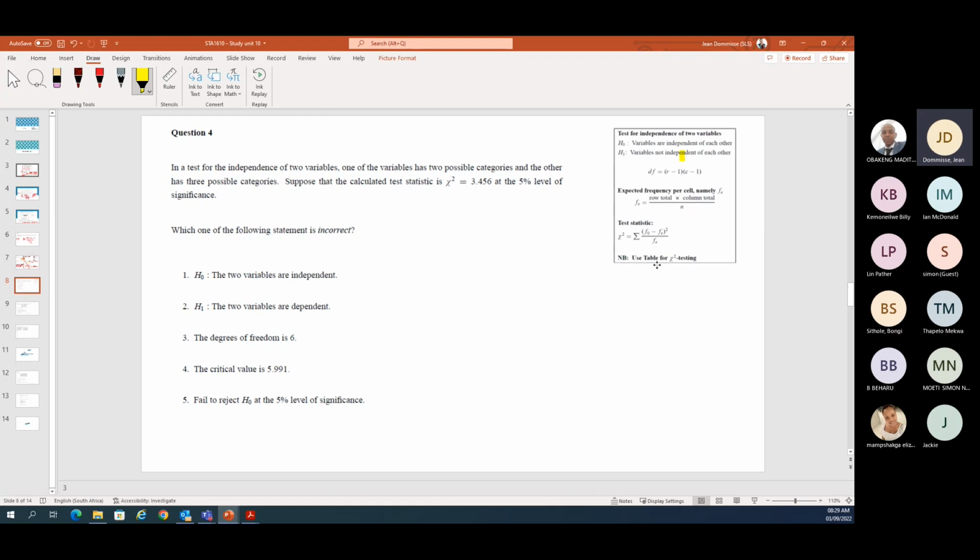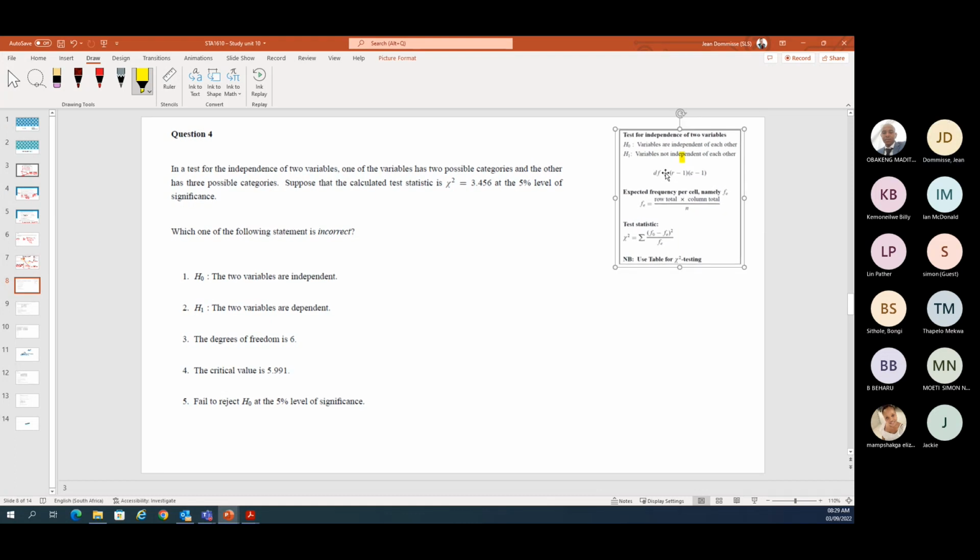What I need to know about chi-square, look at the page, it must be one of these things. Your exam has a flow. The first session is chapters 1 to 5. The second session is chapters 6 to 11.